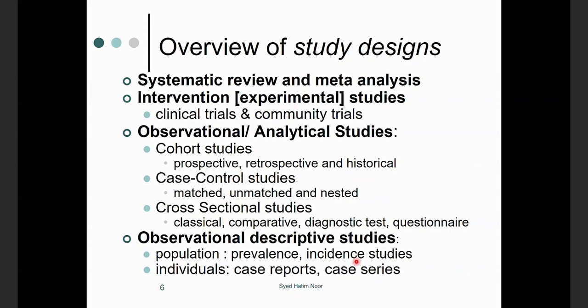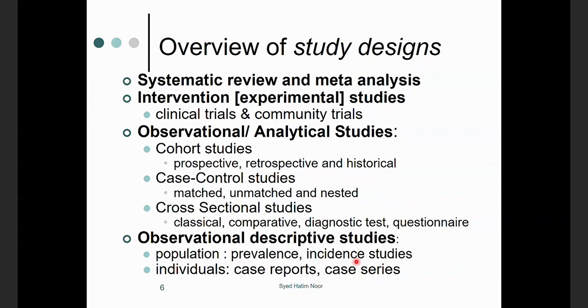And then there is population and individual. For example, in a ward, it happened that you found a new case. Maybe overseas there are already such cases, but in Malaysia this case is very rare and it happened in your hospital. So you can do a case report on that particular patient. That means it's individual, one person only.